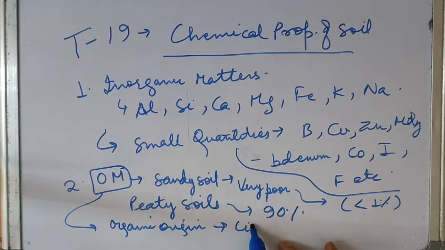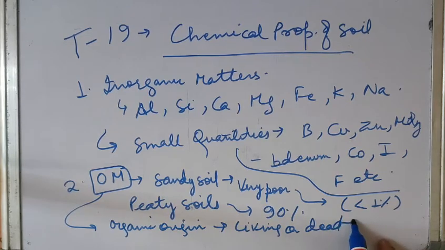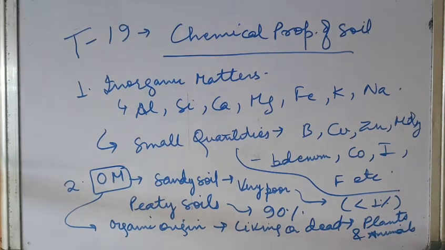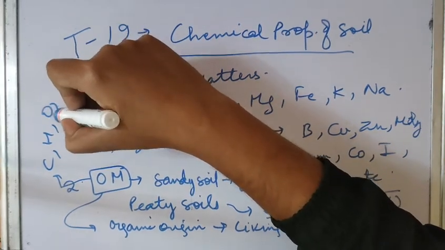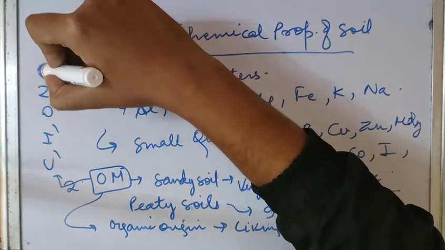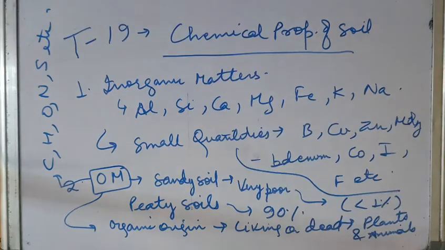And organic components contain compounds of C, H, O, carbon, hydrogen, oxygen, nitrogen, sulfur, etc. These are some of the organic constituents or components of soil.